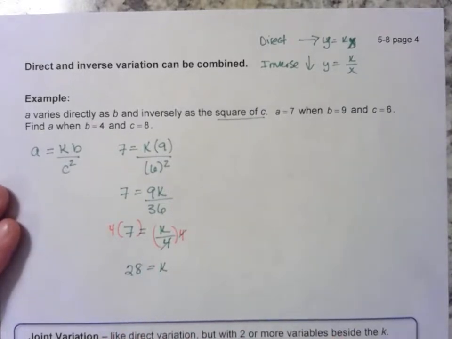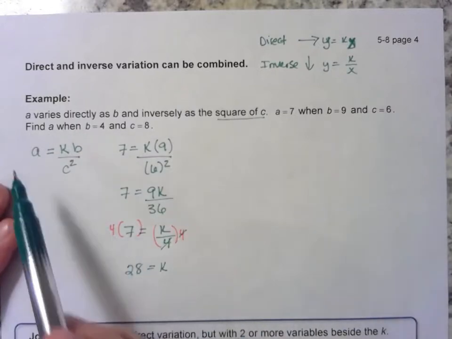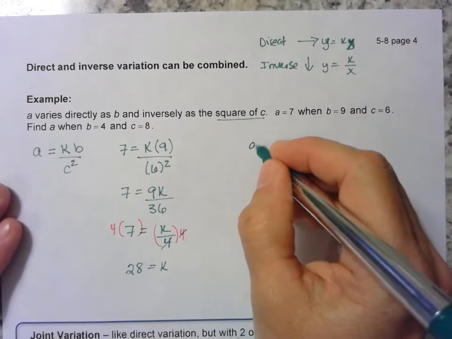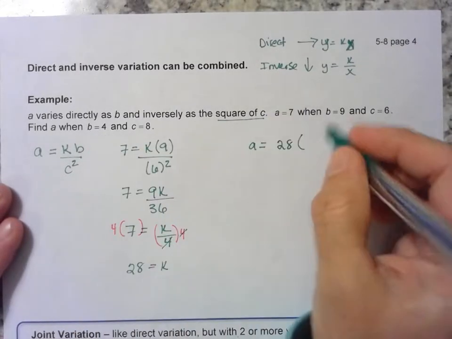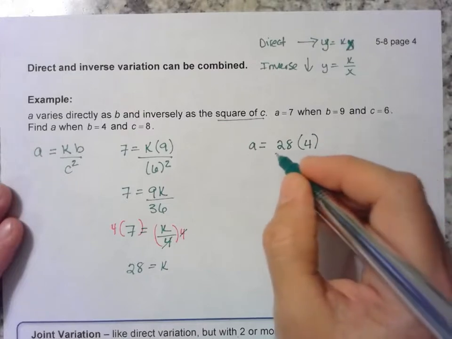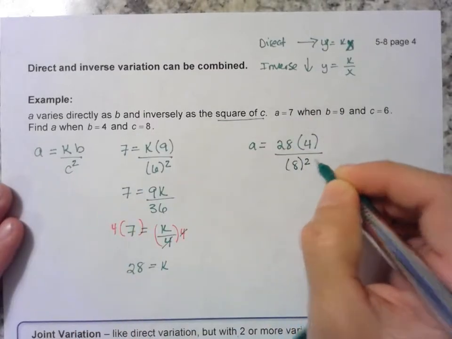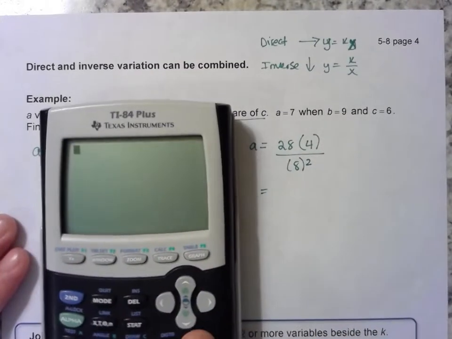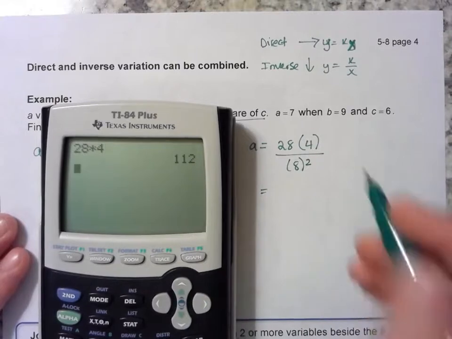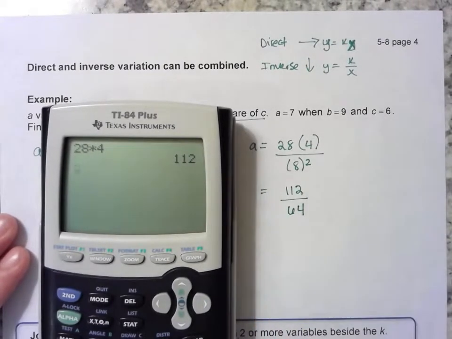What else are we looking for? Find A when b is 4 and c is 8. So we're looking for A. A is equal to k times b, which is 4, divided by c squared. So divided by 8 squared. We have 28 times 4 over 64.